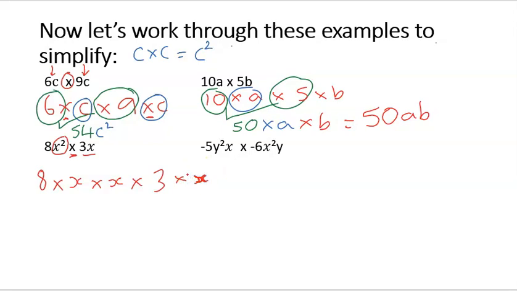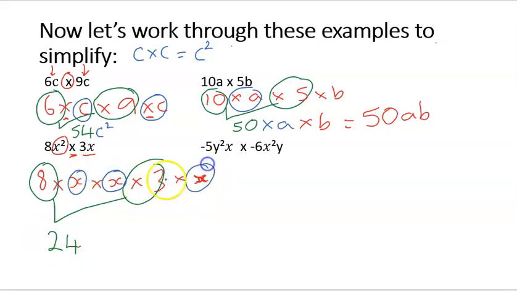All right, so we multiply the numbers first. 8 times 3, or 3 times 8, is 24. And then we've got x multiplied by x multiplied by x. So x is being multiplied by itself 3 times. So we write x as the base number to the power of 3.